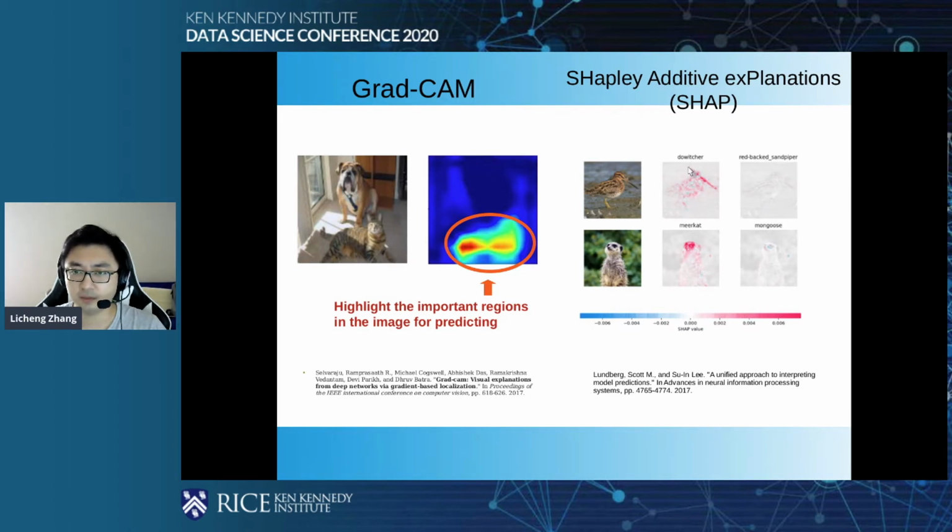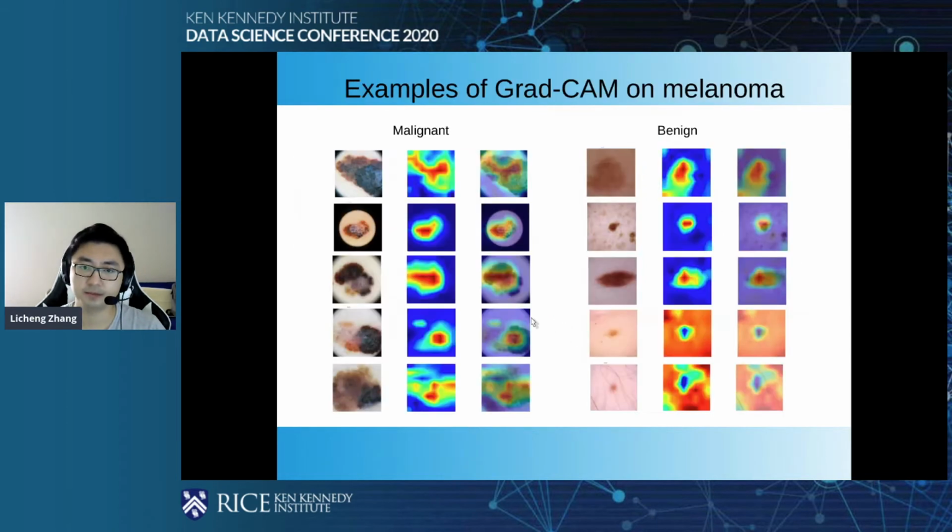If you sum all the Shapley values from this image, you will get 0.95. Here is the scale bar: red means positive contribution, and blue means negative contribution. But SHAP is very computationally expensive, so it takes a long time to generate a heat map. So for the next content, we will just use results with Grad-CAM.